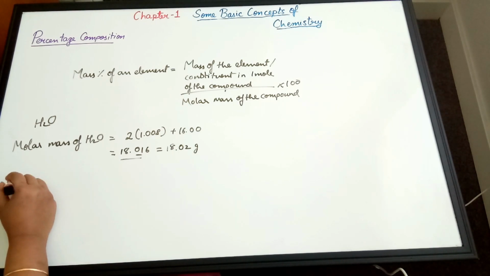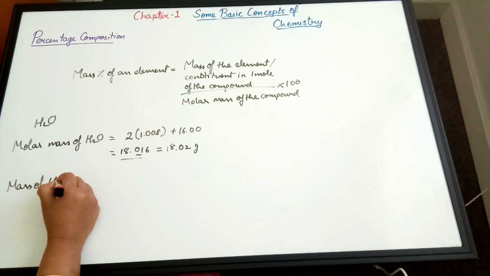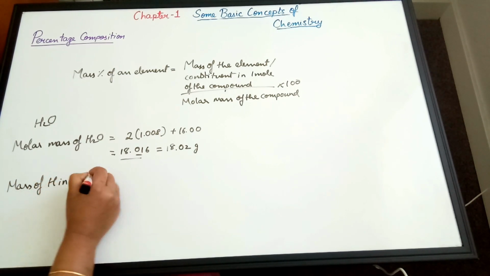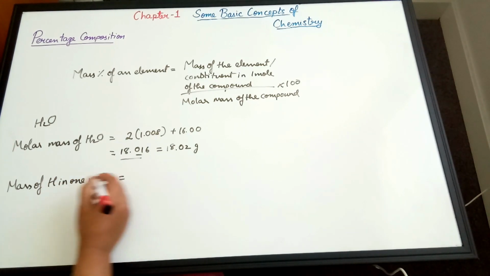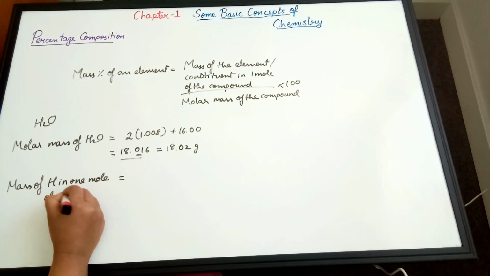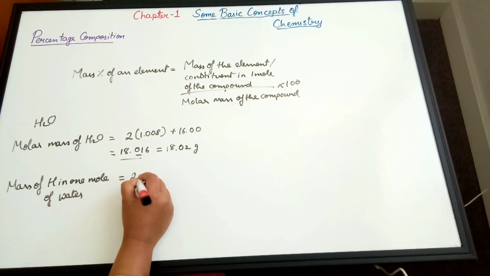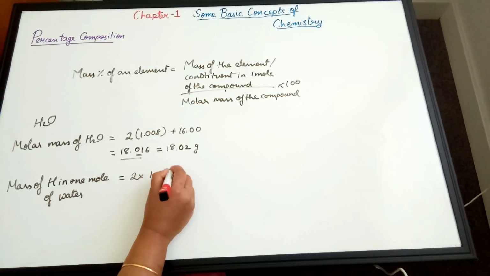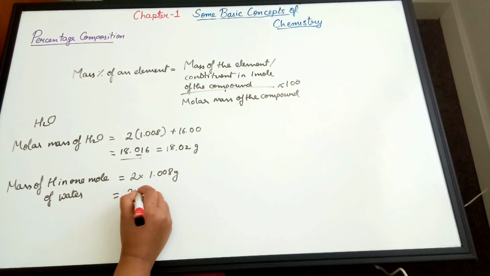Now the mass of hydrogen in 1 mole of water, not hydrogen, would be equal to 2 times 1.008 grams. This will give us 2.016 grams.